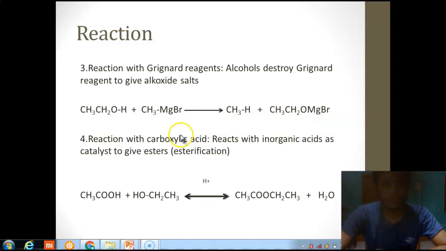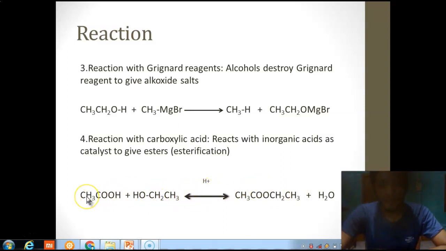Okay, next the reaction with carboxylic acid. Alcohol, when it reacts with carboxylic acid, will give esters. In the previous preparation, if you remember, we prepared alcohol from the ester. We hydrolyzed the ester to form acid and alcohol, but here it is the opposite reaction.